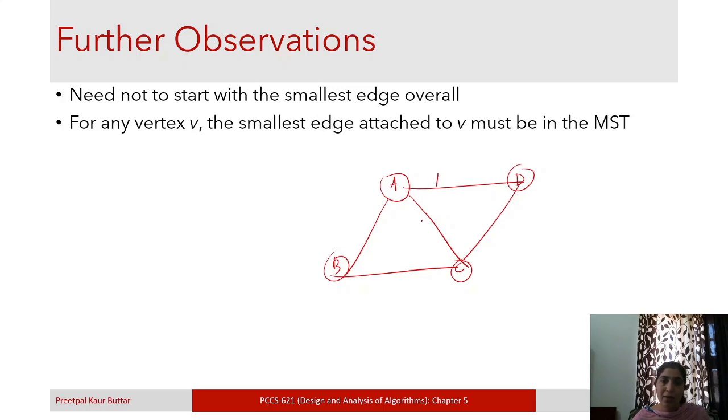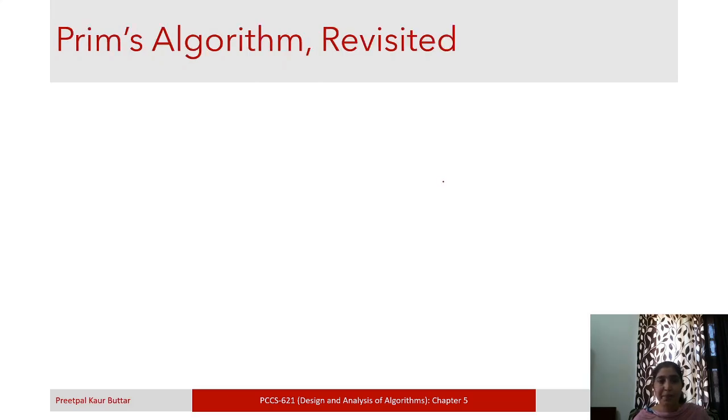So 1, 2, 3, right? So can there be a minimum spanning tree which does not contain this edge? No, there cannot be a minimum spanning tree without this edge, right? So for every vertex V, here in this particular example I am talking about vertex A, it can also be vertex T, the smallest edge attached to V, that is this, must be in the spanning tree, right?